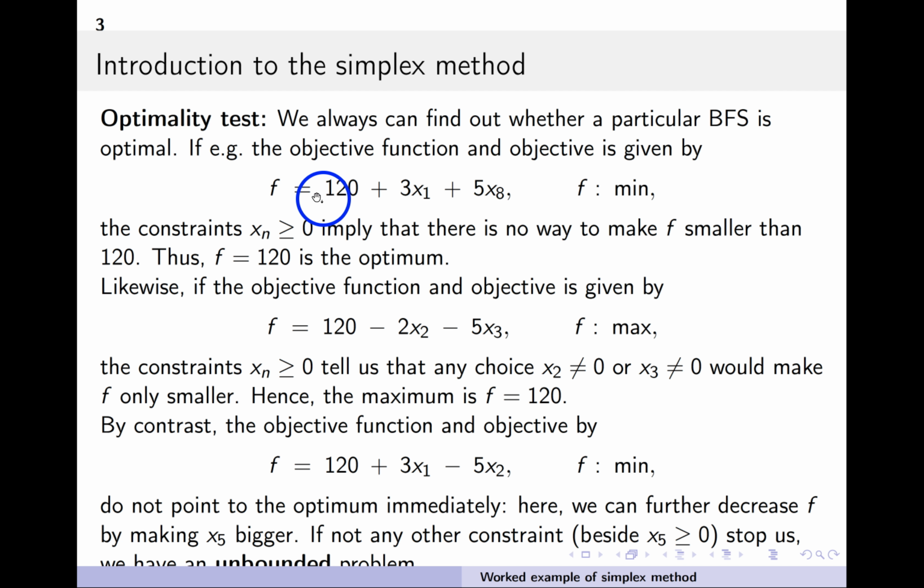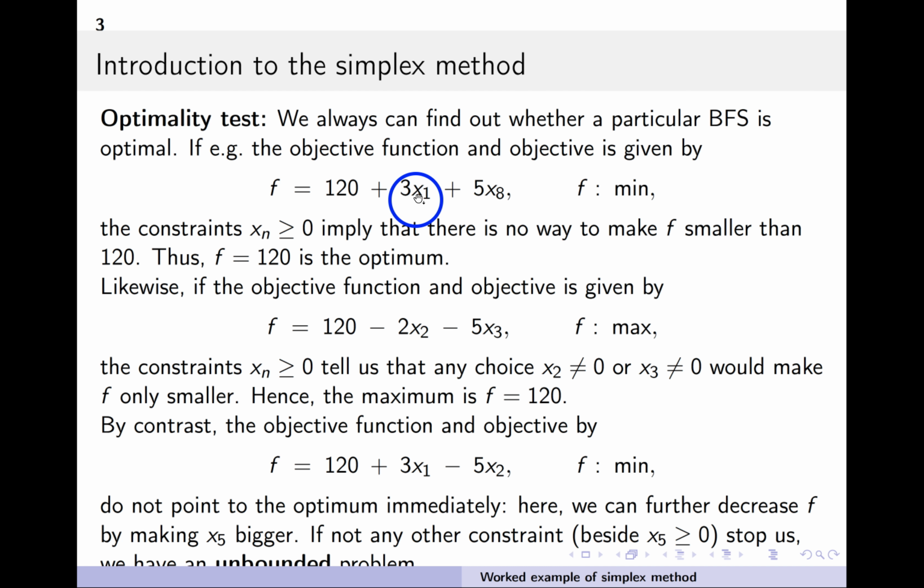Say we end up with an objective function, where we're looking for the minimum, of 120 plus 3x1 plus 5x8. The fact that any of the variables have to be positive tells you that if you increase either x1 or x8, that will increase f. Because x1 and x8 always have to be greater than 0, 120 is the minimum.